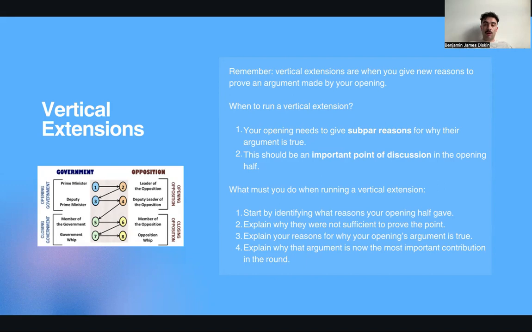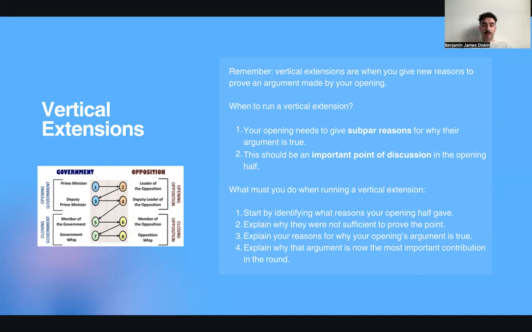Because once you start running more than that, you'll often find, as we'll discuss later, that you won't have adequate time to cover all of the necessary steps of a vertical or a horizontal extension if you try to do too many, particularly because speeches in BP are only 7 minutes and at max 7:15, as opposed to 3v3 debating, where they are 8 minutes with a max of 8:15. So that is the broad overview of vertical extensions.